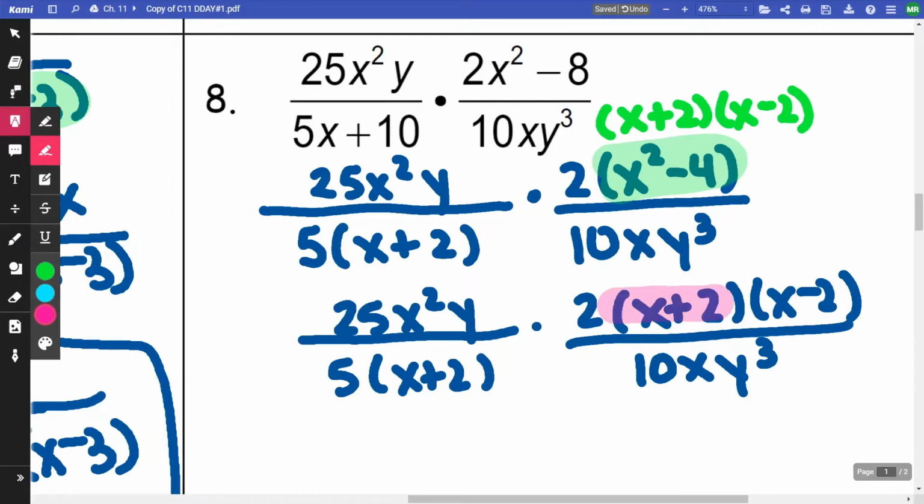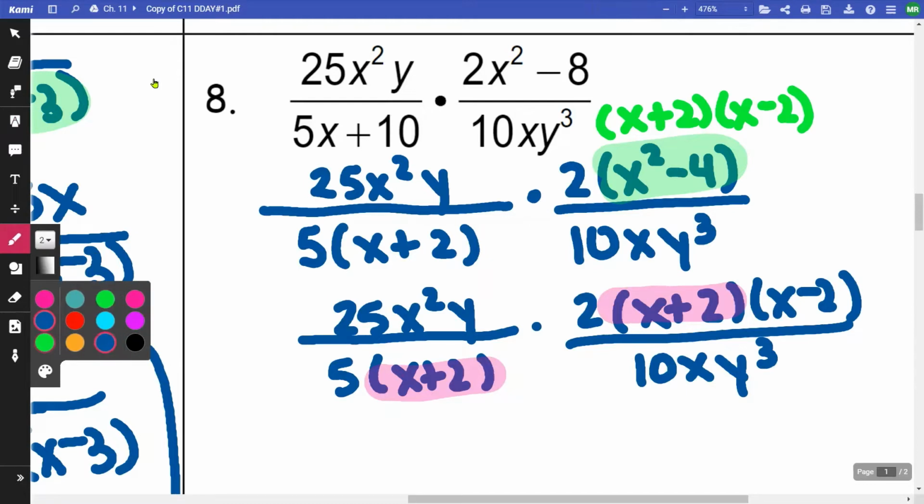I have an x plus 2 and an x plus 2. I am going to cancel one. I'm going to cancel one of these x's with one of those, so the square is gone. I can cancel this y, and now instead of having a y squared, I have a y cubed.